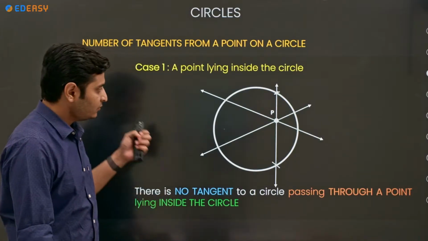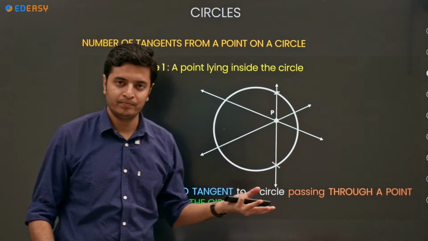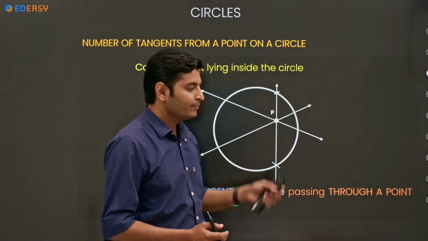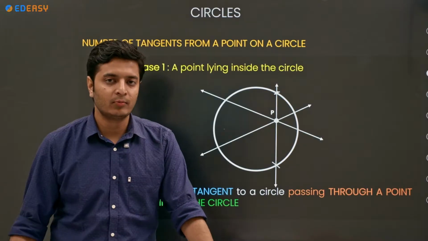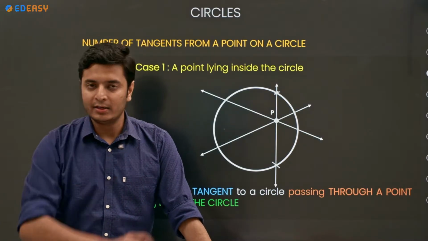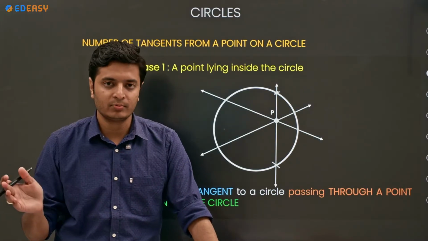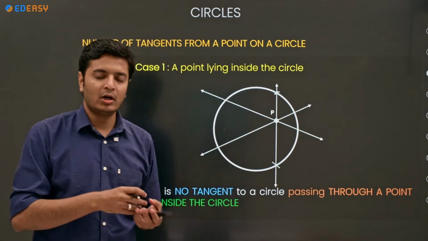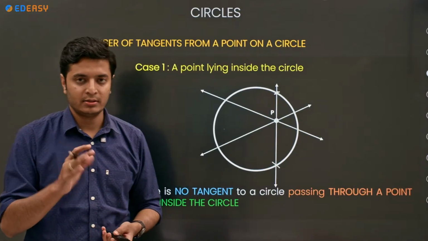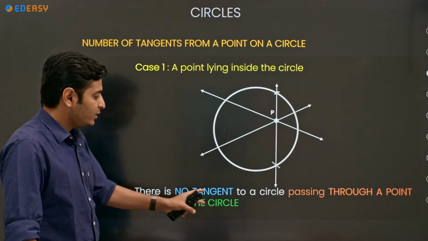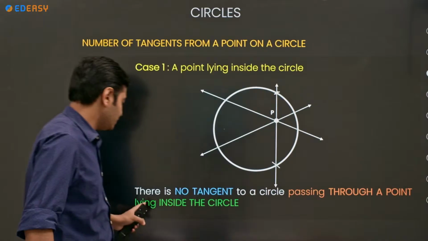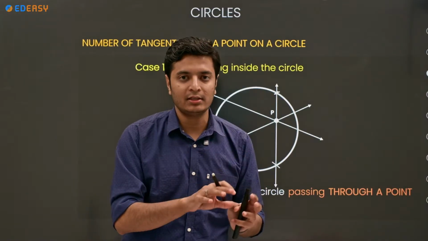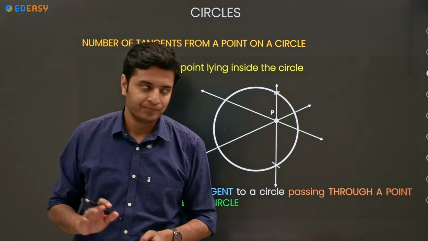Now, how many secants are possible? Infinite, because if we consider a point, there can be infinite lines passing through this point. So there can be infinite secants possible, but how many tangents are possible? None, 0. There is no tangent to a circle passing through a point lying inside the circle. Whenever we have any point inside the circle, there will be no tangent at all.